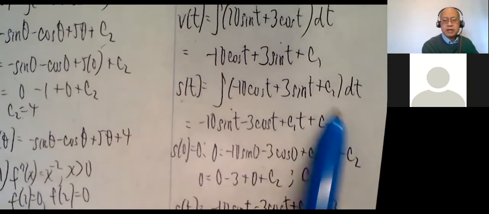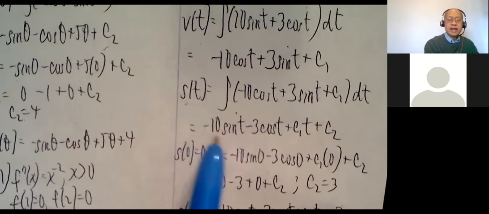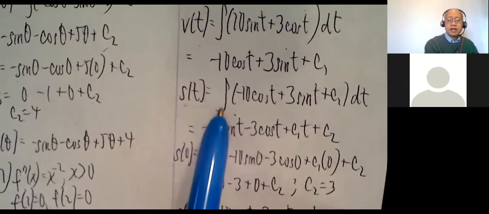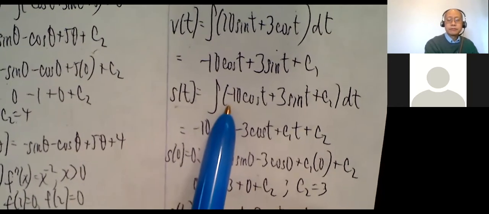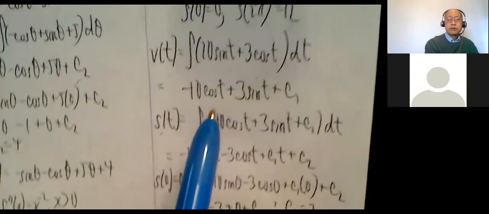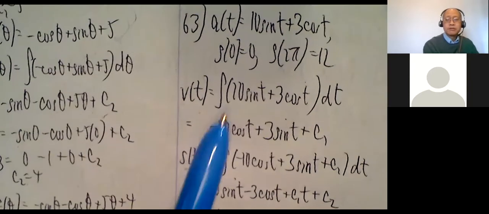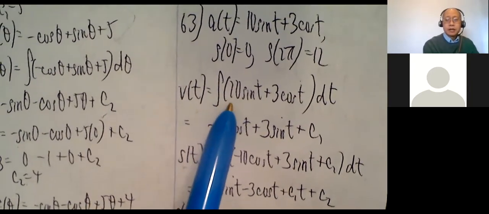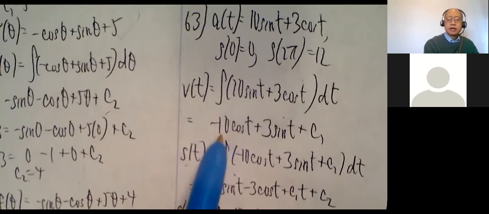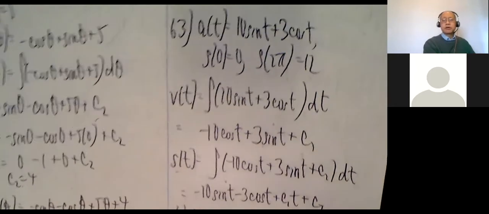What is the derivative of this? Oops, where am I? Sorry, I'm supposed to be over here. Got ahead of myself. Derivative of negative 10 cosine t is 10 sine t. Derivative of 3 sine t is 3 cosine t. Derivative of C1 is 0. So we're good.